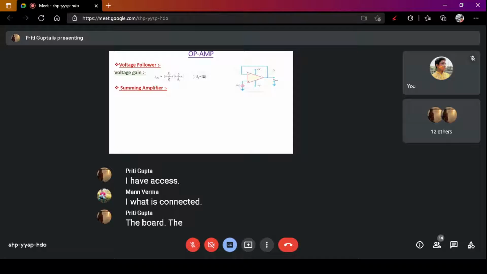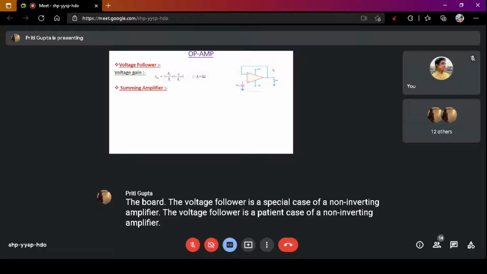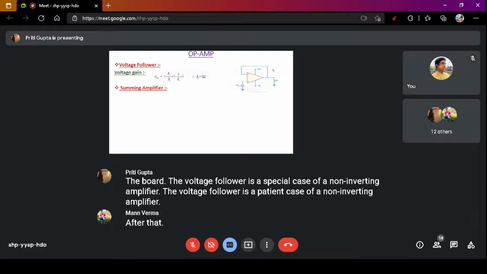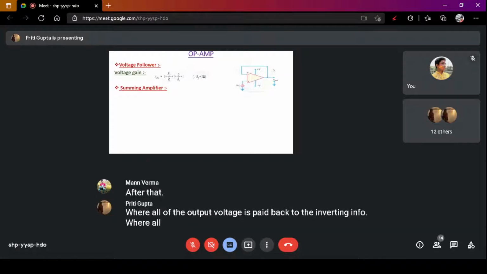The voltage follower is a special case of a non-inverting amplifier, where all of the output voltage is fed back to the inverting input, as shown in the figure.